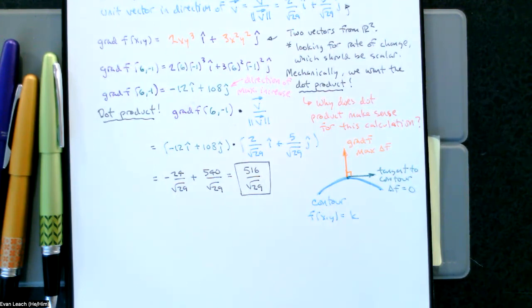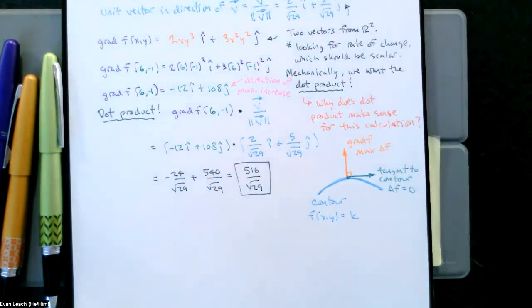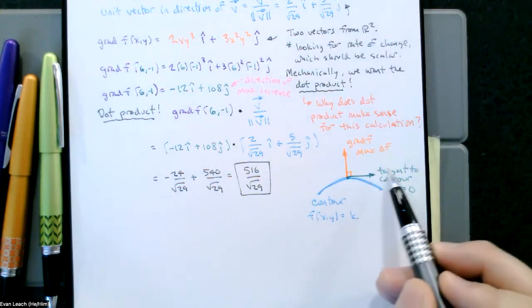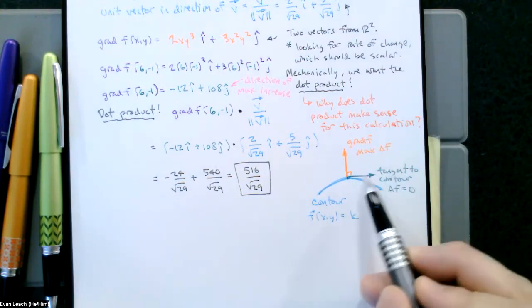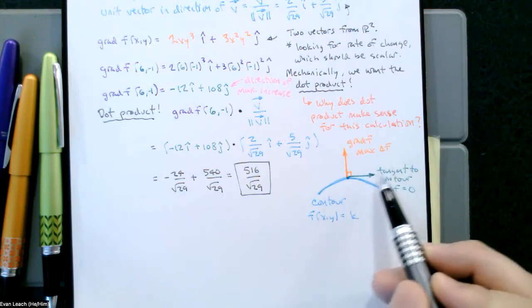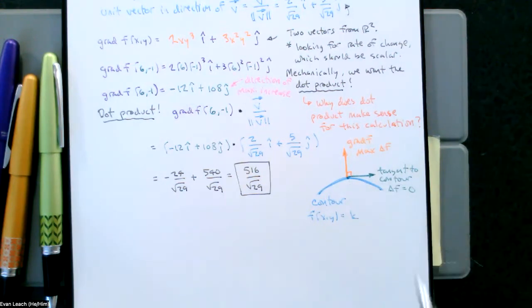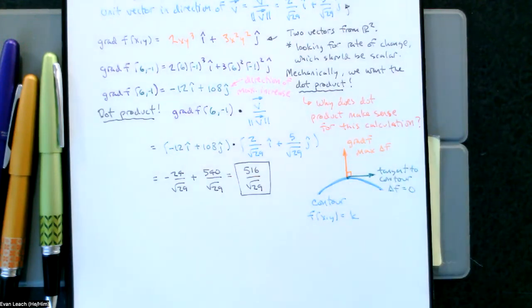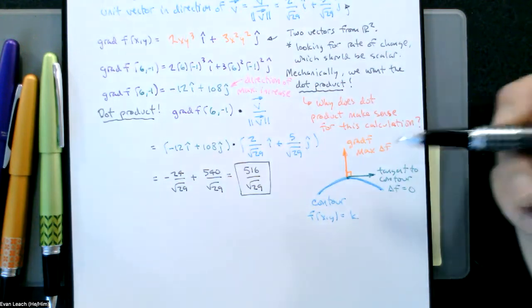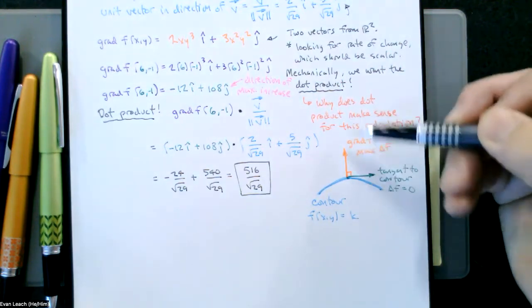If I pick a direction that's close to the tangent, say with a small angle theta, like 3 or 4 degrees, I should expect my delta f to be small. The most we're going to get is if I pick 90 degrees.